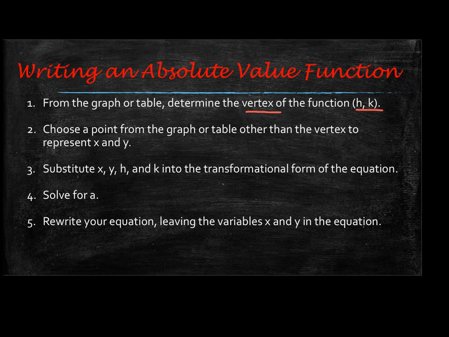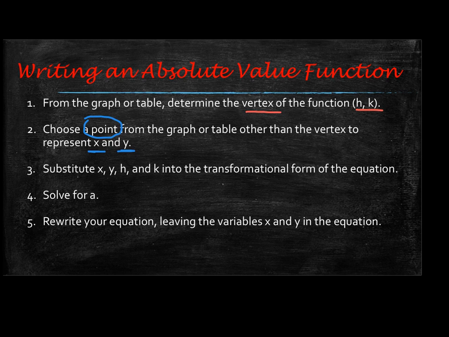Second thing you want to do is choose a point from the graph or table other than the vertex, and that is going to represent your x and your y. Then you're going to take those values from the vertex and the point.